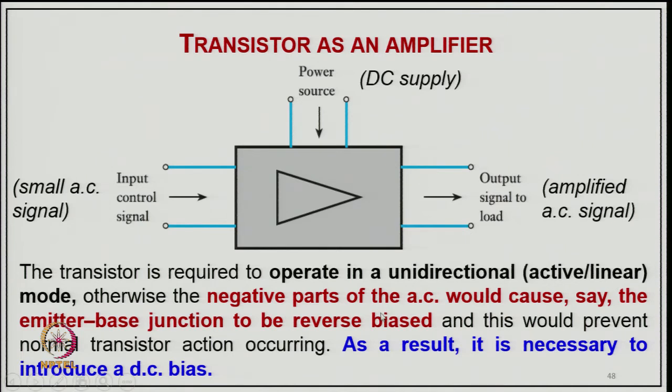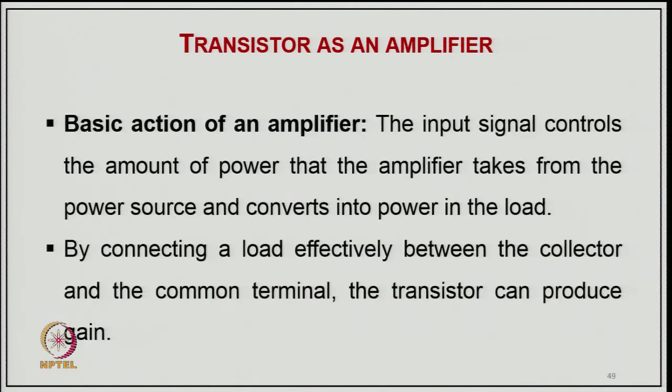Otherwise, the negative part of the AC will cause the emitter base junction to become reverse biased and disturb its operation. This will prevent normal transistor action, meaning it will go out of the active region. As a result, it is necessary to introduce the DC bias and bring the entire operation into the DC operating mode, so that it works all the time in amplifier mode only.